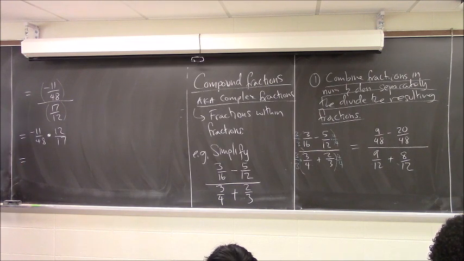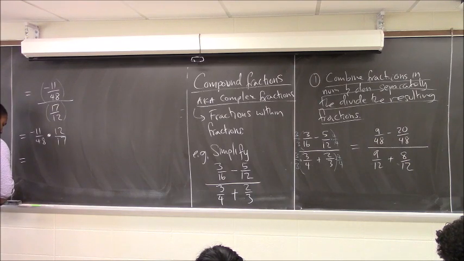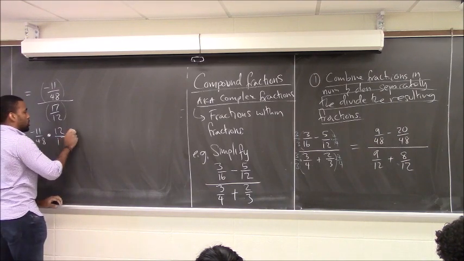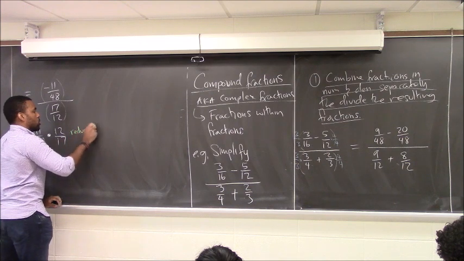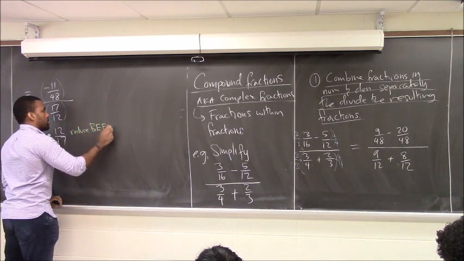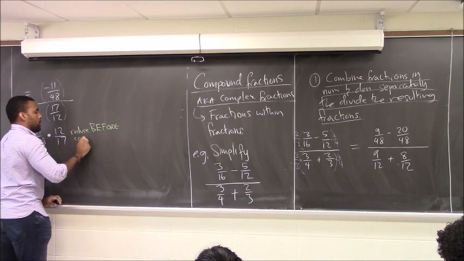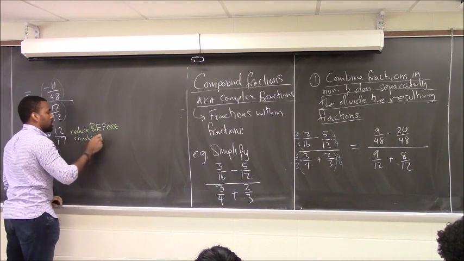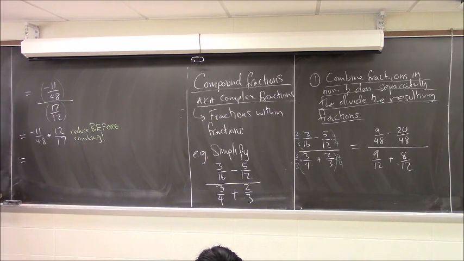Now at this point, I'll probably start reducing before I combine. Kind of a pro tip there. Reduce before combining. That will make your life a lot easier, if it's possible to reduce before you start multiplying things out. So rather than multiply 48 by 17, which doesn't sound like a lot of fun, I can actually reduce the 12 into the 48.